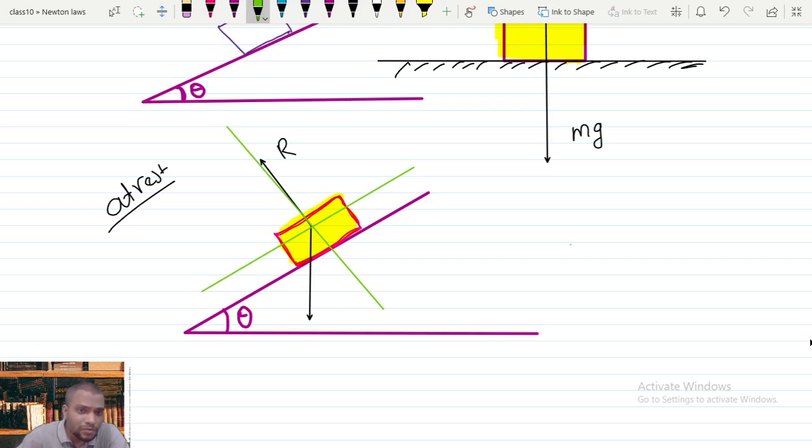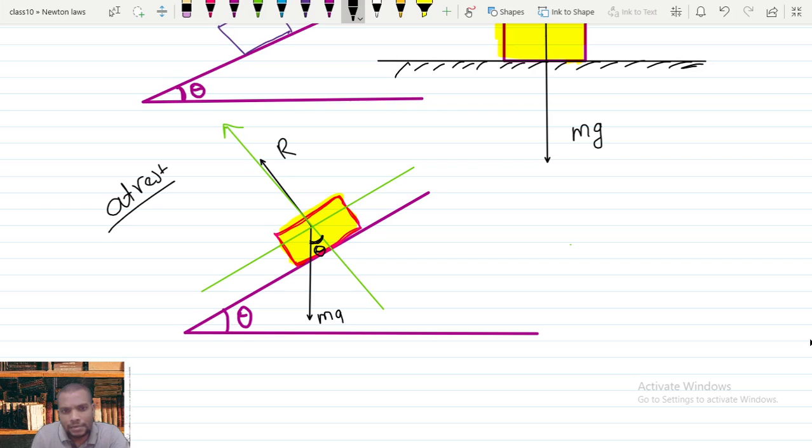Now the normal reaction force, as usual, is along the positive y-axis, but the mg is making an angle theta with the horizontal.